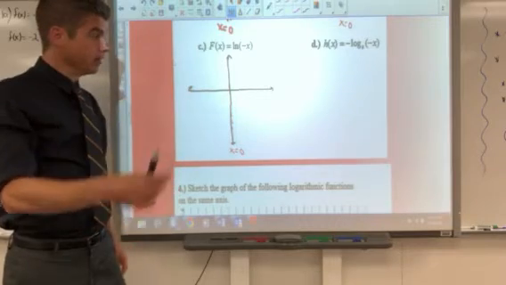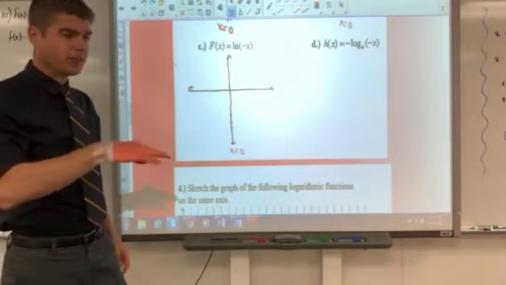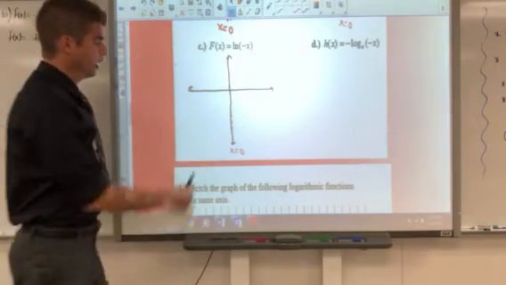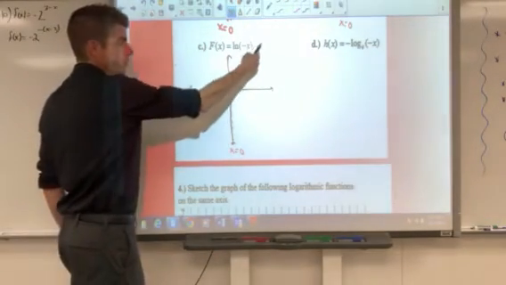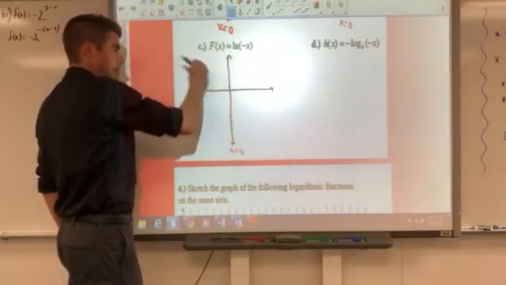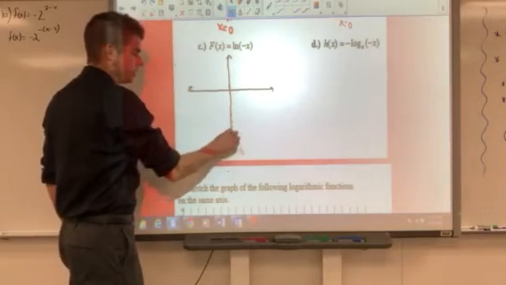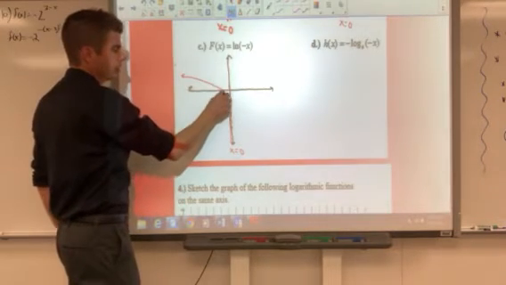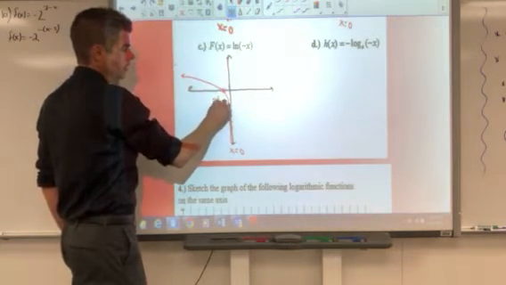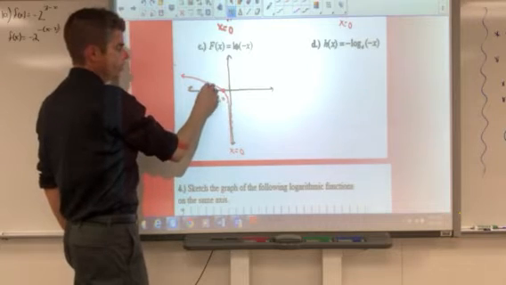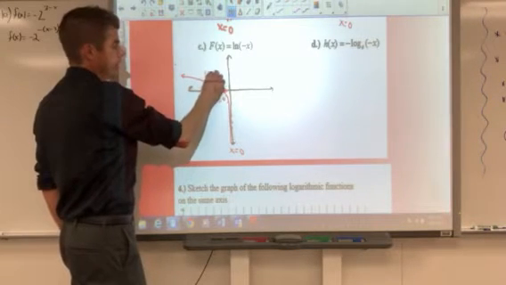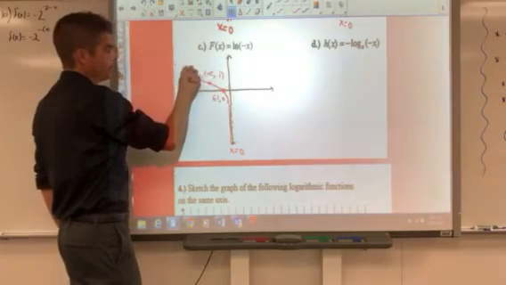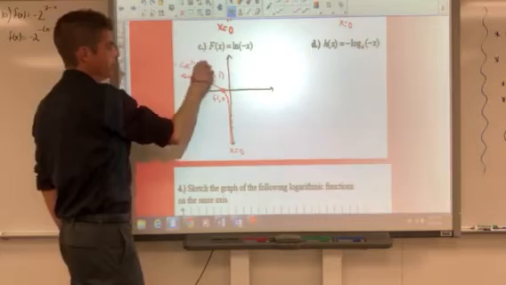If it were a horizontal asymptote in the exponential functions, remember those are y equals, so make sure you have the correct letter. And then again, instead of going up in this direction, we're going to go up and to the left. So we hug the asymptote until we get to the intercept, and then we take kind of a sharp left turn. This value right here is (negative 1, 0). And then we start putting in negative e, because there's already a negative there. And then we put in negative e squared, in this case would be 2.